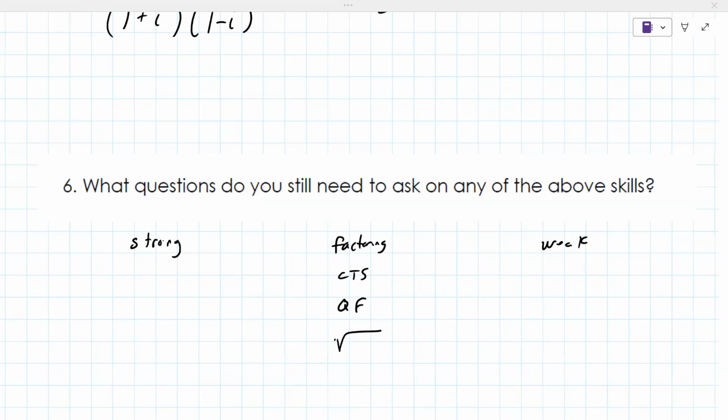Any preference? We can do number 3. Okay. First thing I would do is graph it and see how many intersections there are.